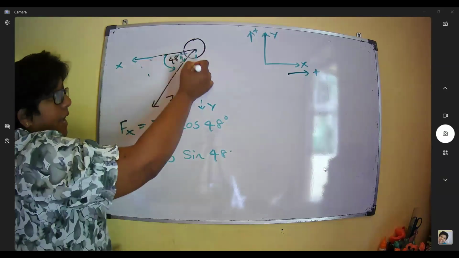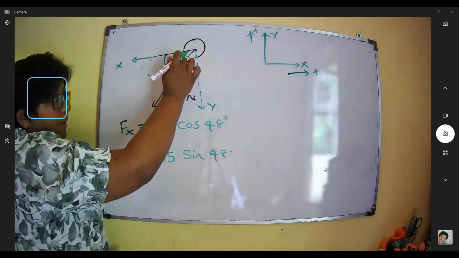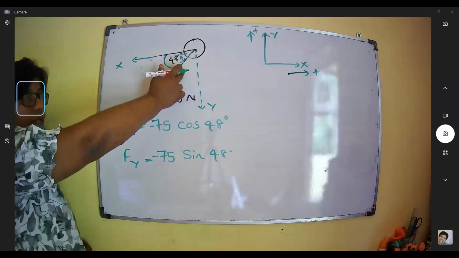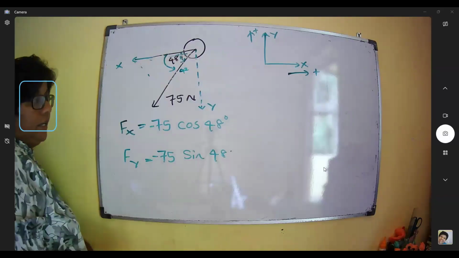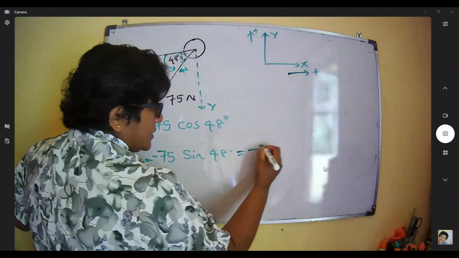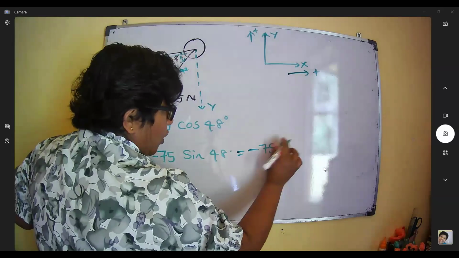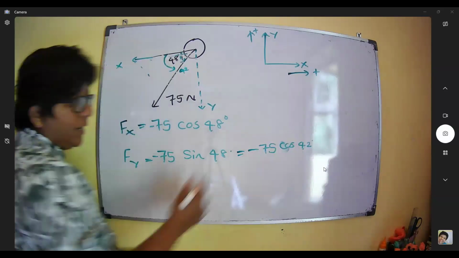Then this is a right-angle triangle. We can also find that 90 degrees minus 48 is this angle 42, right? Also we can write 75 cos 42. Not wrong, right? This is also a correct answer.